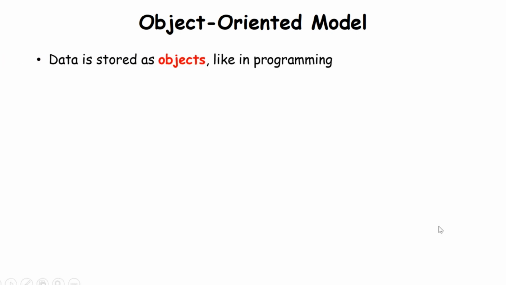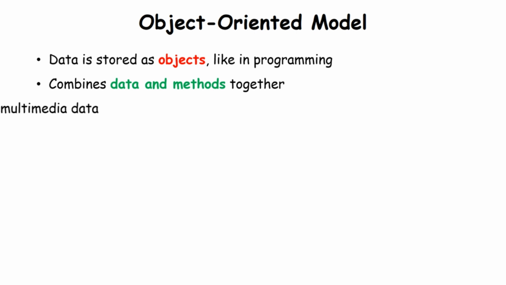Next we have the object-oriented model. Data is stored in the form of objects, just like in object-oriented programming. Each object has attributes or data and methods or functions. It allows inheritance, encapsulation, and polymorphism. It combines data and methods together.